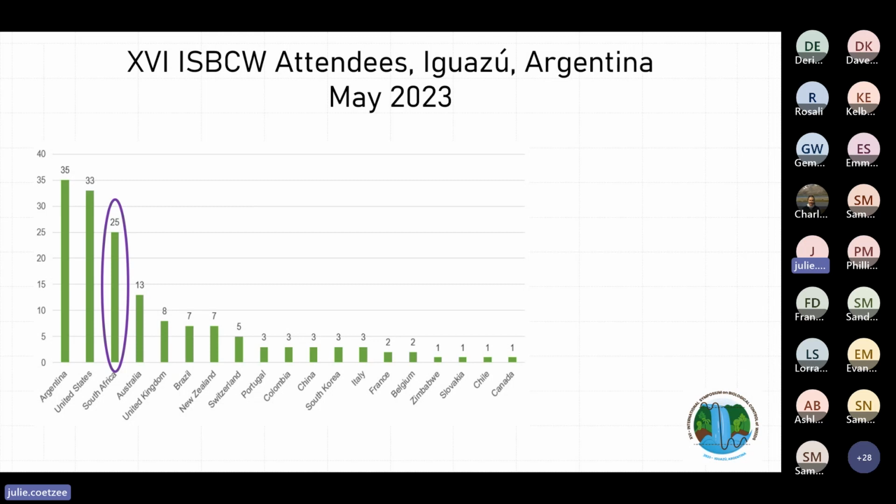And we were really lucky to receive excellent funding from Rhodes University, from the research office, as well as some other funding from Environmental Affairs and the NRF, as well as the IOBC, who sponsored some of our students. And as you can see, 13 Australians, 8 from the UK, and slowly went down. And what was really surprising is that there was only 1 Canadian delegate, and usually in the past, Canada has been particularly well represented.